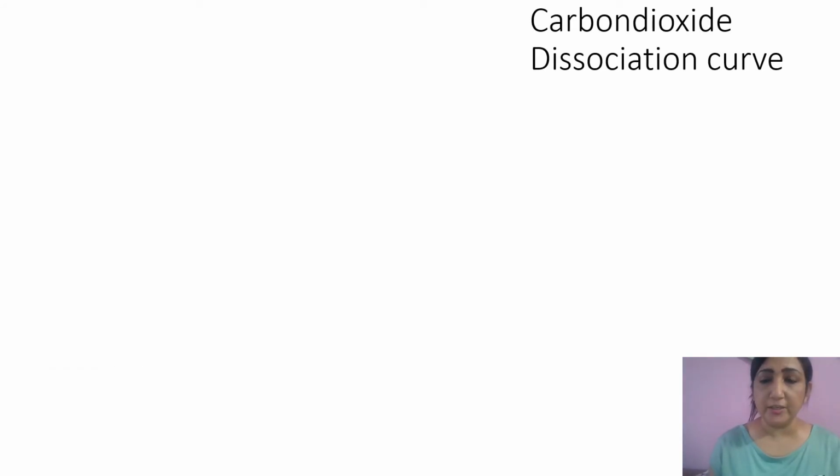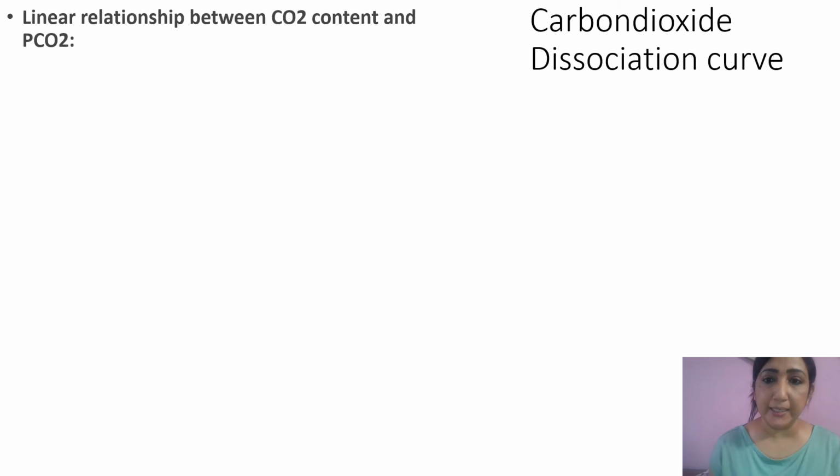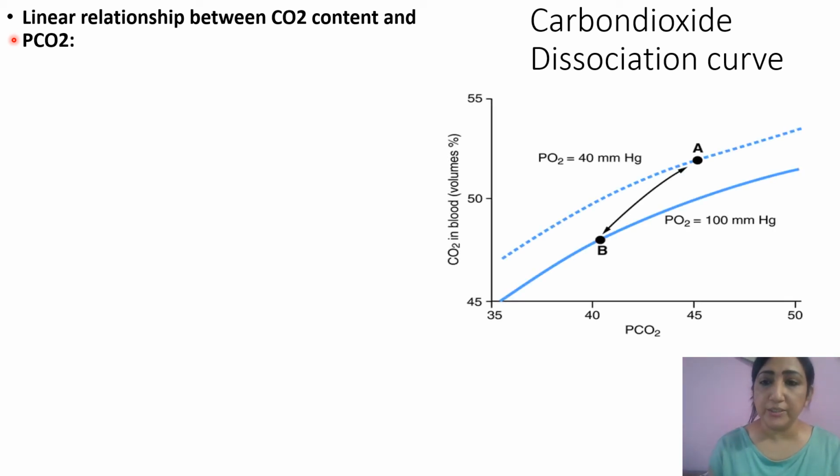Now, a very interesting part is the carbon dioxide dissociation curve, which is completely different from the oxygen dissociation curve. It also doesn't look alike. Why doesn't it look alike? Because of the linear relationship between the carbon dioxide content and the PCO2. Check this graph. As the partial pressure of carbon dioxide increases, the carbon dioxide content of the blood, the percentage by volume, also increases, and it is a linear increase.